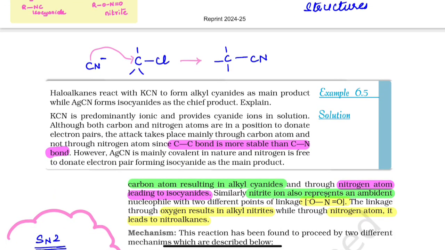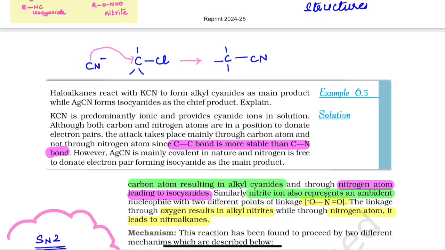Here carbon has negative sign and nitrogen will be having lone pair of electrons. So here carbon will be attacking this carbon of the alkyl group and a bond is formed between carbon and carbon. So why nitrogen doesn't attack? Nitrogen also has a lone pair of electrons, but nitrogen will not attack carbon. Only this carbon is attacking.